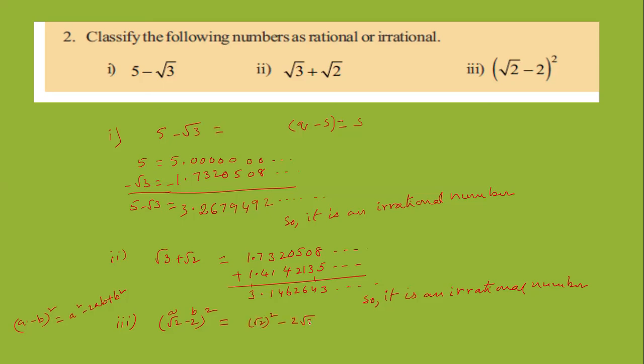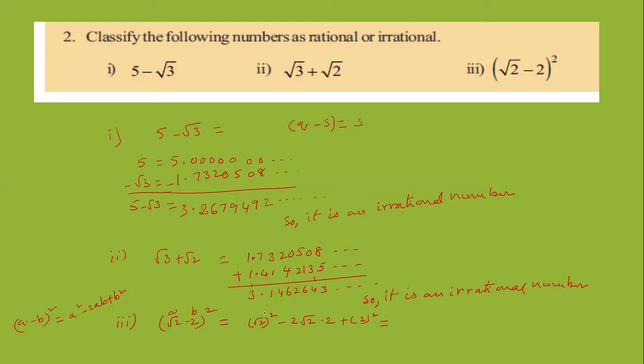Then you write the expansion: a square means root 2 whole square, minus 2 into root 2 into 2, again plus b square, where b square means 2 whole square.